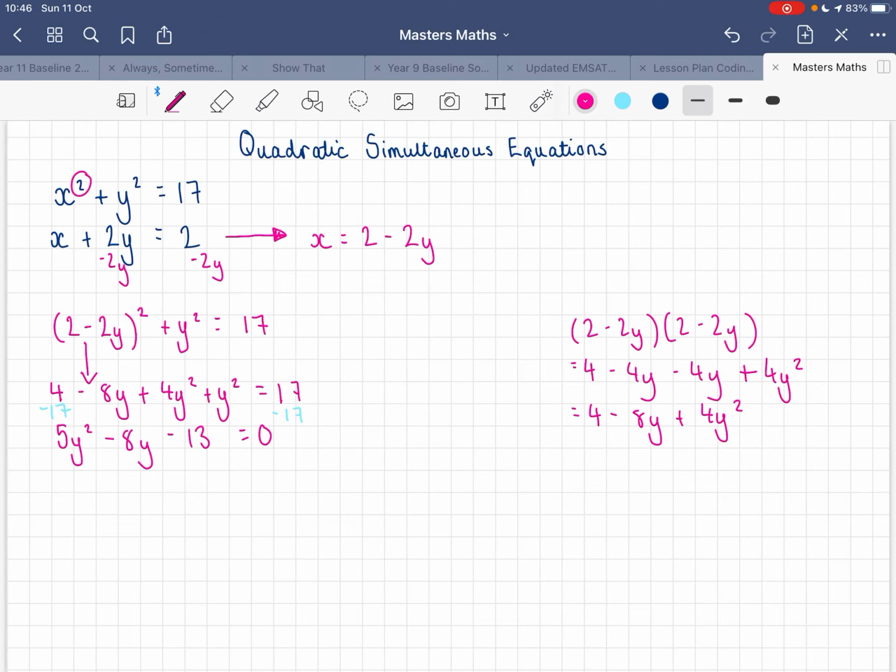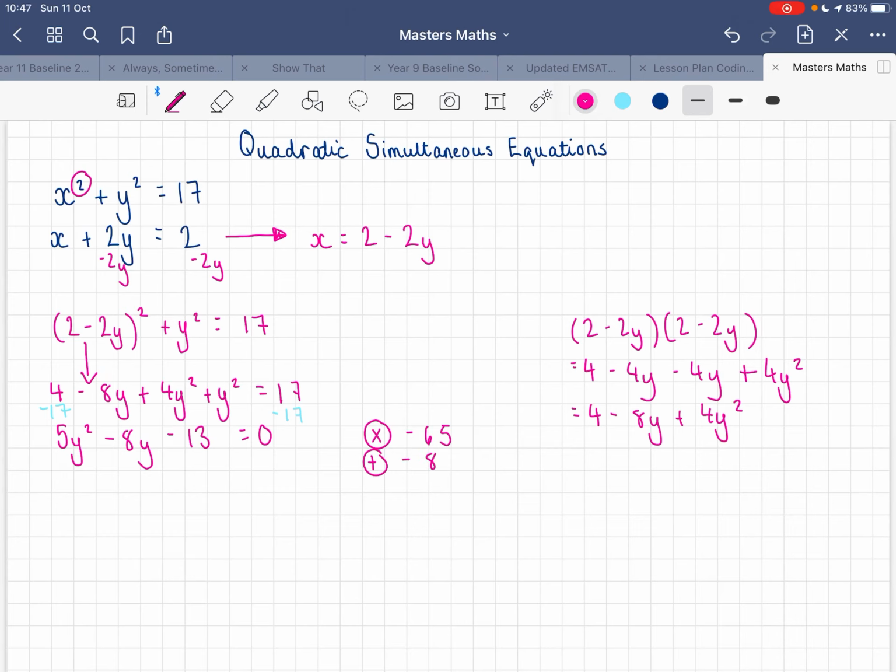It is a more difficult one to factorize because of this 5. So first we need to multiply the 5 by the negative 13, which is, I'm going to do it on my calculator, 65. Negative 65, and then we need them to add to make negative 8.